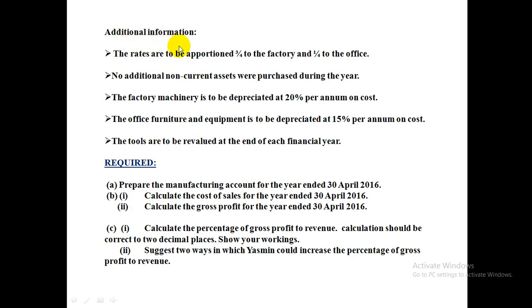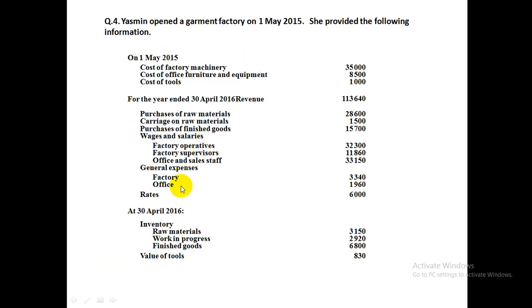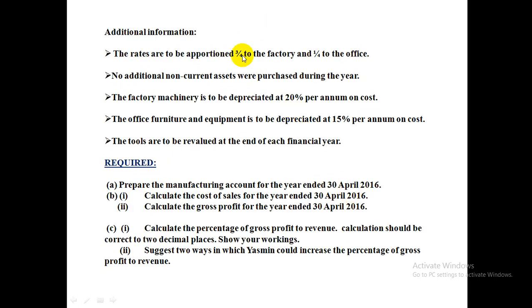Additional information given in the question: rates are apportioned 3/4 to factory and 1/4 to office. Out of the rates, which are 6,000, we'll multiply by 3/4 and take that to the factory overhead portion, and the remaining 1/4 will go to the income statement expenses portion.